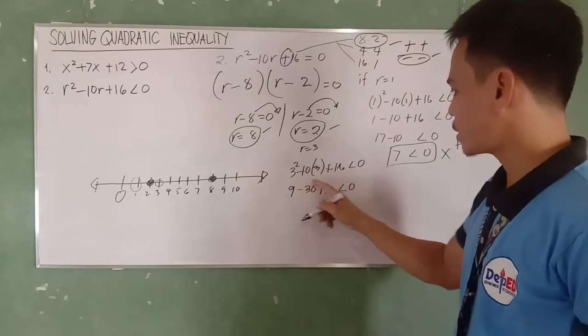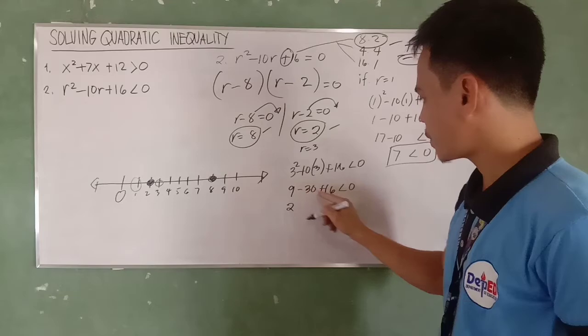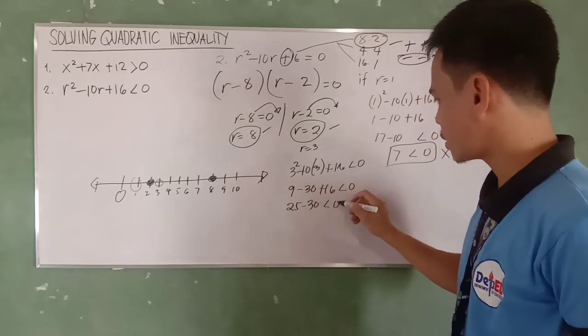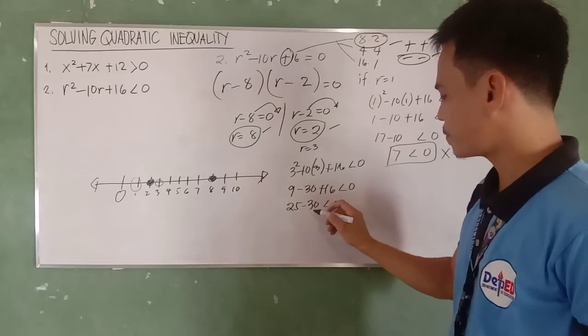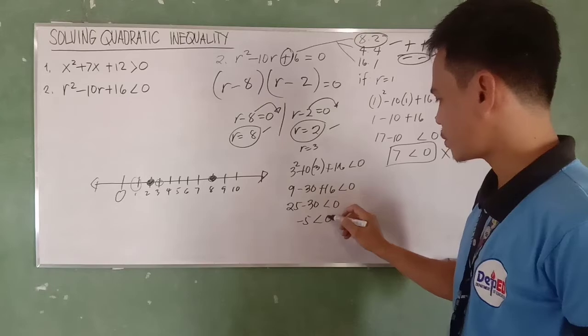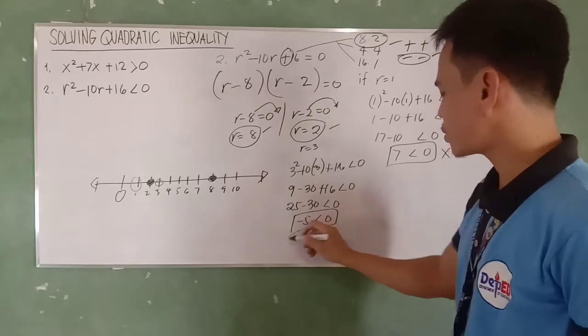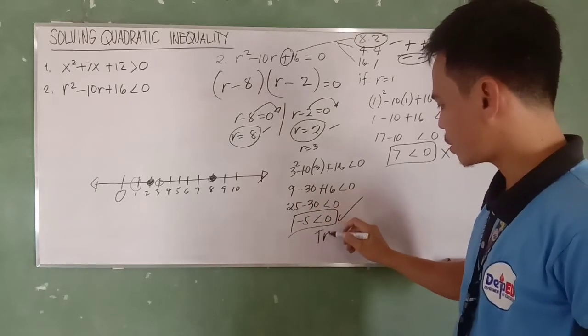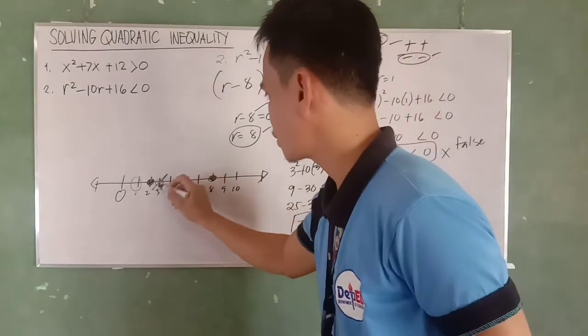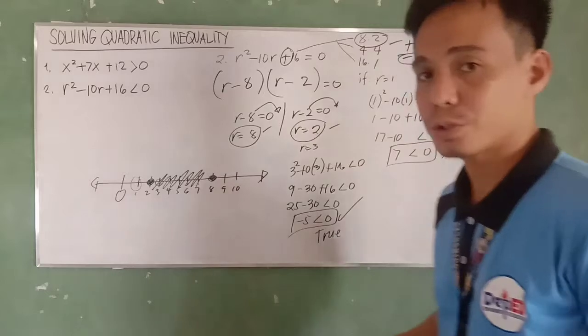So therefore, combining the same sign, 9 plus 16 is 25, minus 30. Okay? So therefore, 25 minus 30 is negative 5, less than 0. So this is true because negative 5 is less than 0. So this is a solution guys. This part is a solution.